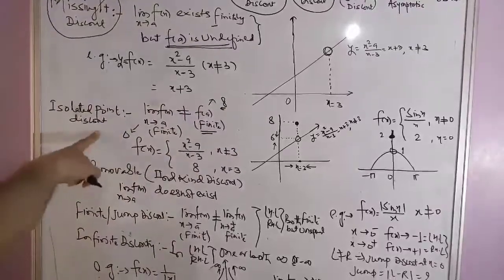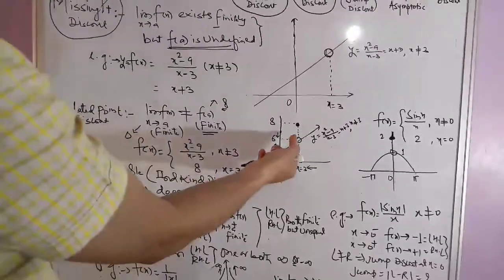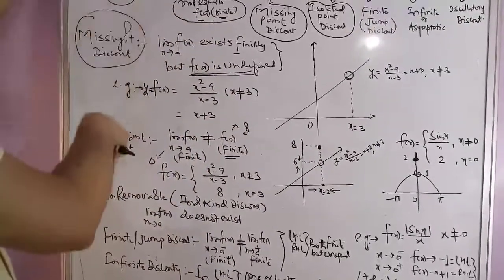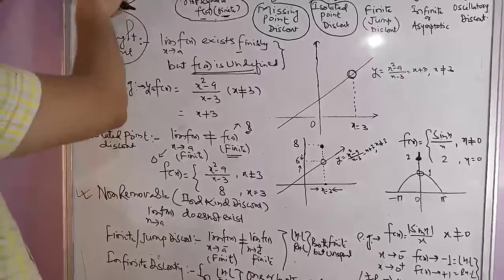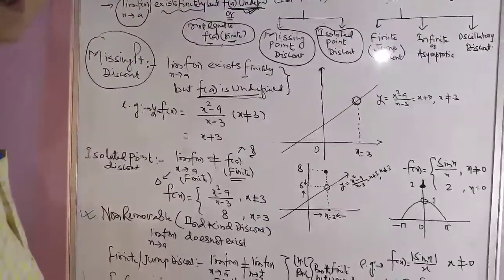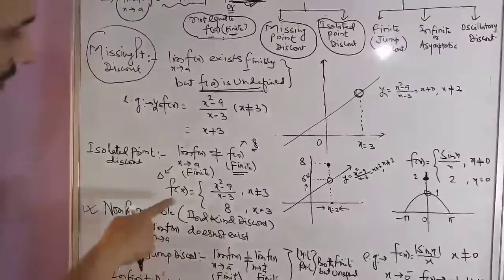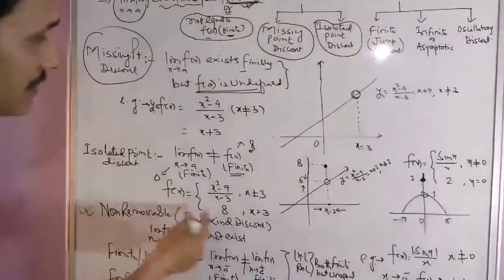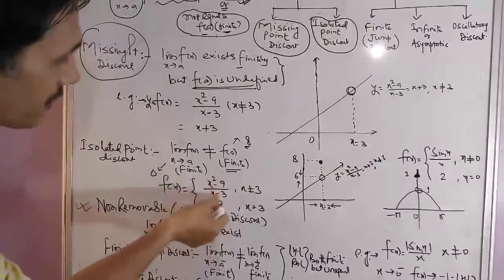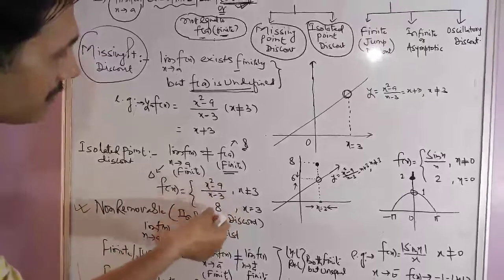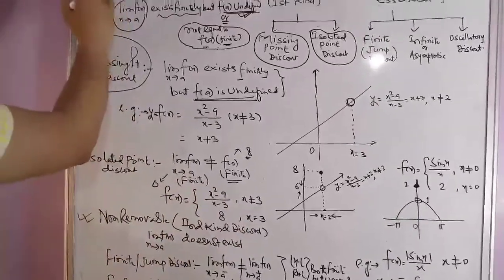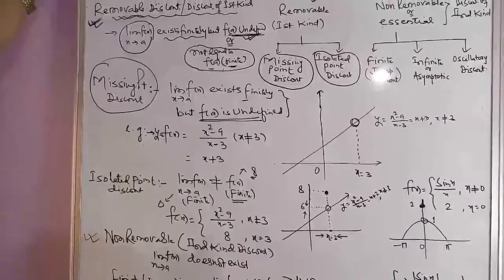So the function has an isolated point discontinuity. These two combined are known as the removable form of discontinuity. If we redefine the function as, at x equal to 3, f(x) equal to 6, then the limiting value and functional value are equal and the function becomes continuous at x equal to 3. So we name it removable discontinuity.